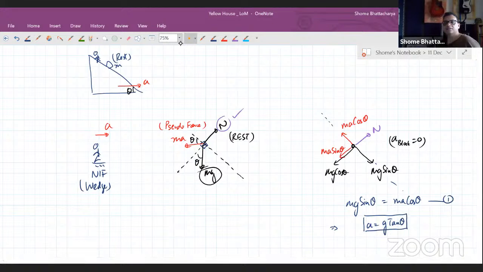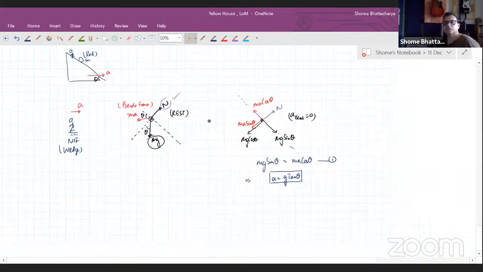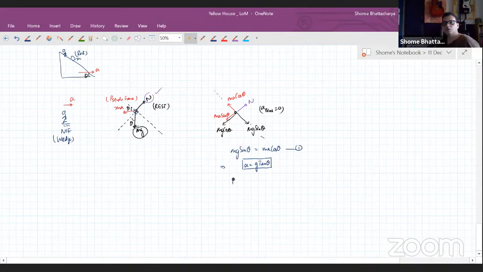But how much is the acceleration that we require? So we require this much. And the other equation will just tell you the value of normal reaction. It is mg cos theta plus ma sin theta. So that's your second equation. So this we won't really require that much. Okay. Now next what we'll do is, so we have found out the acceleration.